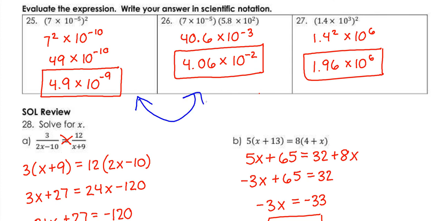25 and 26. Remember that we do have to have these written in scientific notation. The answers we got were above 10, so they weren't in scientific notation. To move them to scientific notation, we took our decimal point and we moved it one time to the left in both examples.